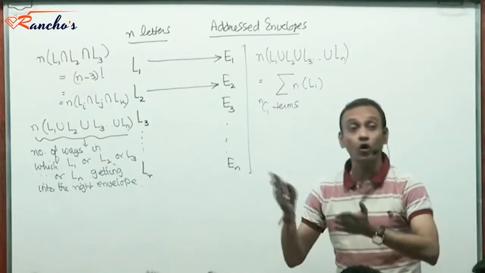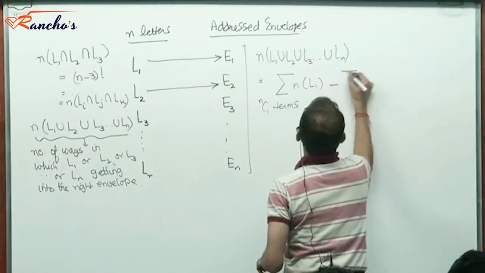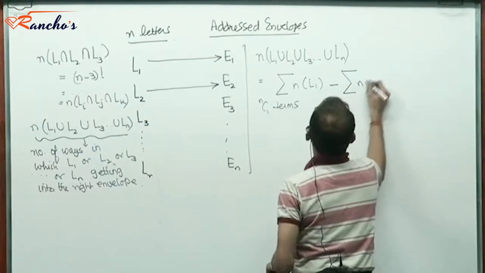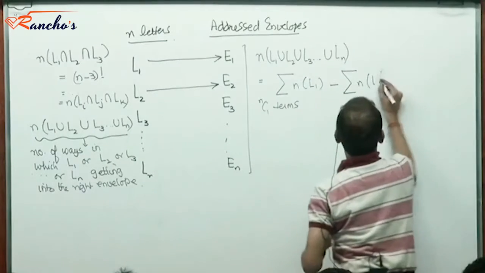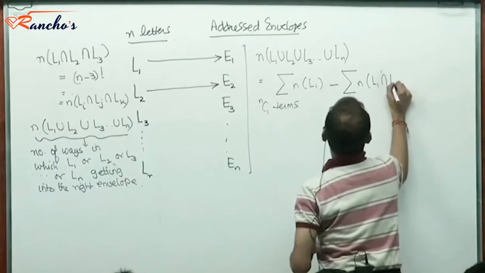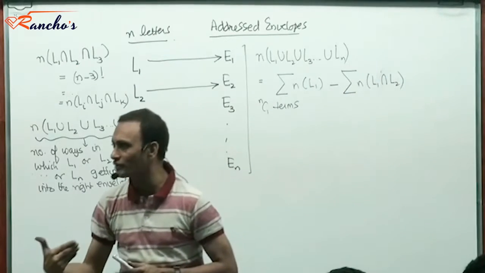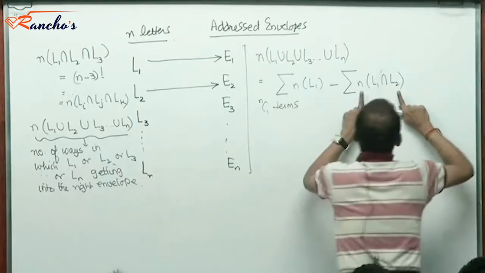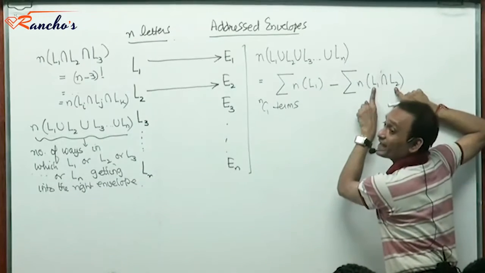The second term would now alternate in sign, it would be minus the summation of NL1 and L2, the number of ways in which L1 and L2 get into the right envelope, which is n minus 2 factorial. Right? So in this summation, you will have two sets at a time. How many terms would be there?